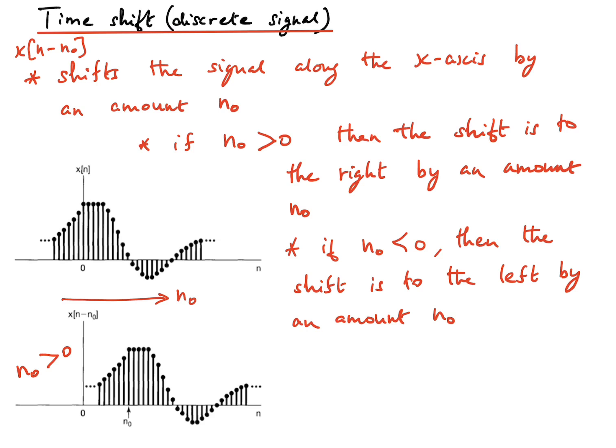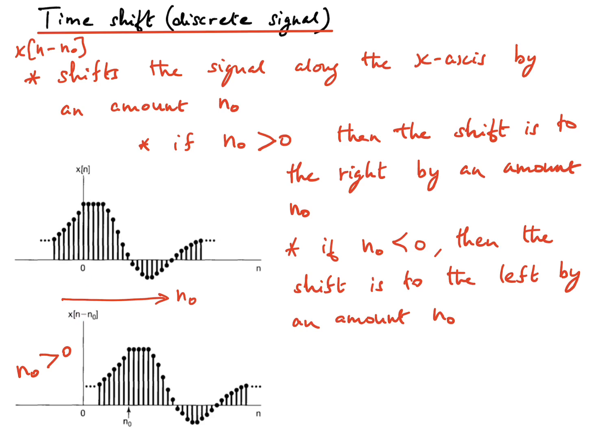Okay, so basically the way to see it is when you have a certain shift by an amount n naught, so when you have it as x of n minus n naught, when you compare it with x of n, whatever is at 0 will move to where n minus n naught equals 0.